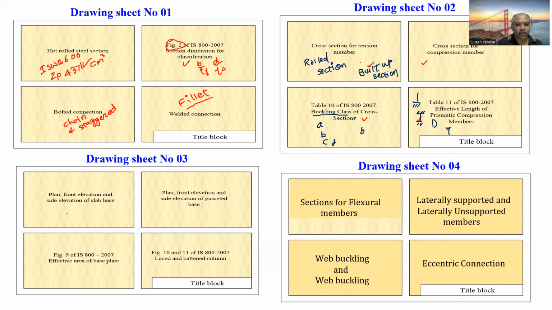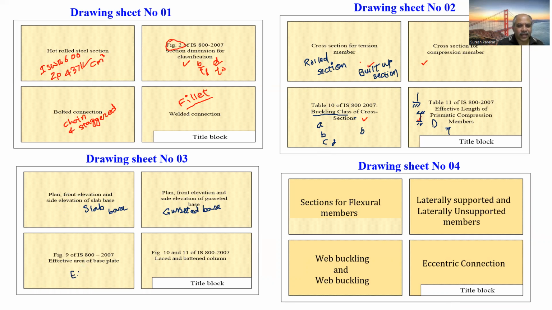Now we will go for the third sheet, and in the third sheet we have plan, front and side elevation of slab base. Here we have slab base, then gusseted base, then effective area of base plate.